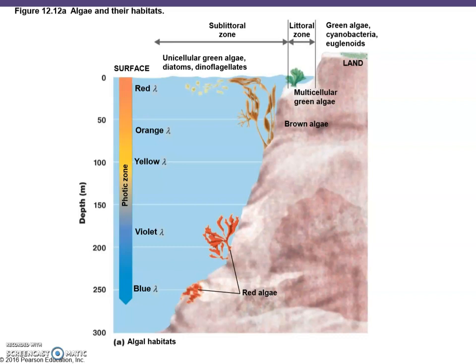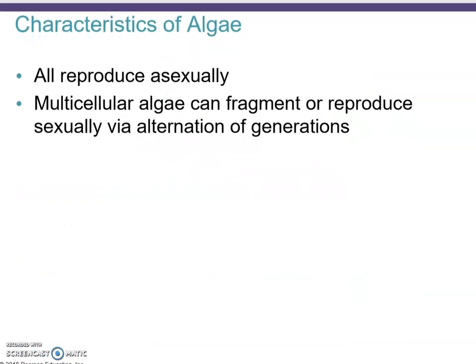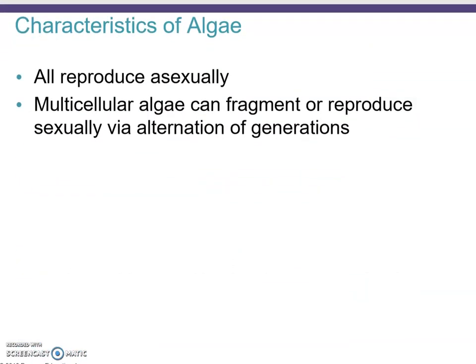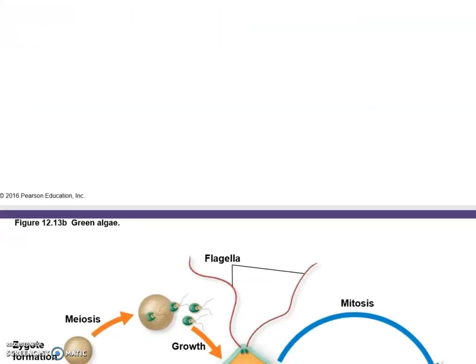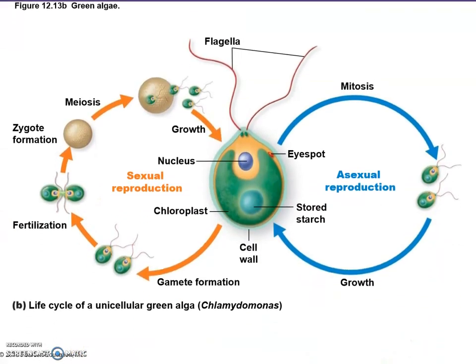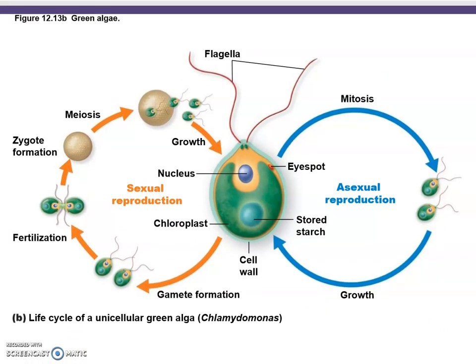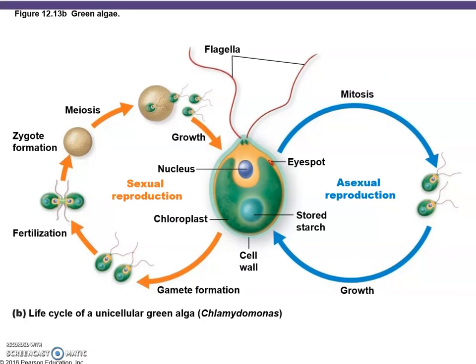The characteristics of algae: they can reproduce asexually. You do have multicellular algae that can fragment or reproduce sexually via alternation of generations. Not that important for you guys here. So here will be an example of green algae, and really there's not much you need to know.